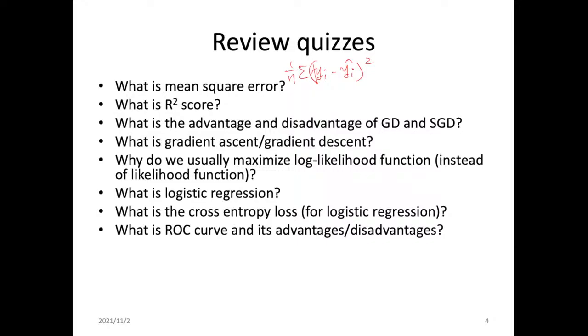And if you just randomly pick positive or negative, the expected area under the ROC curve will be 0.5. So that's probably the advantage of the ROC curve, because it considers all possible thresholds, and we have a value to compare.